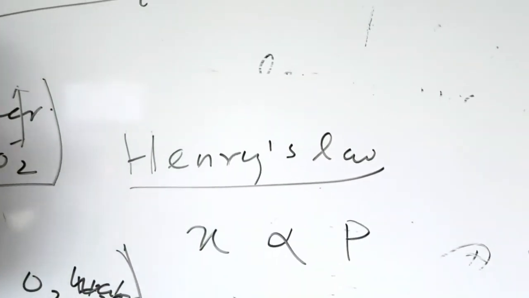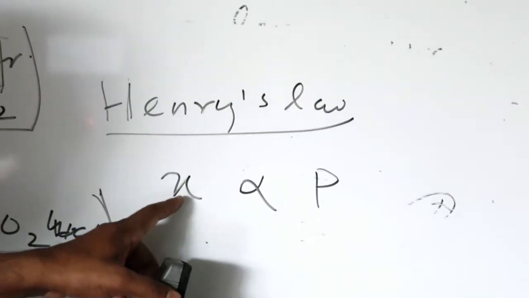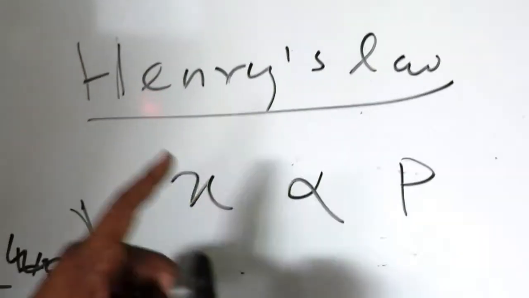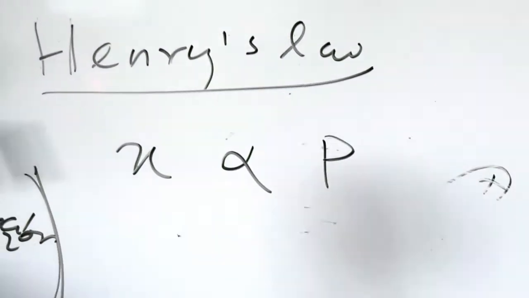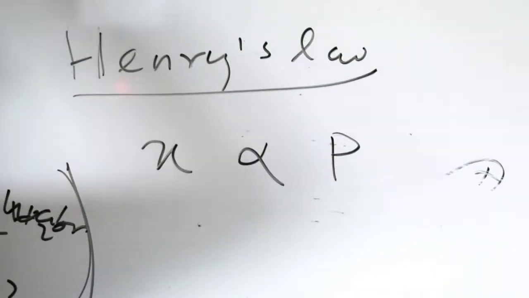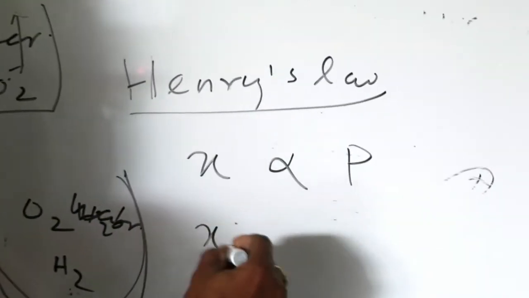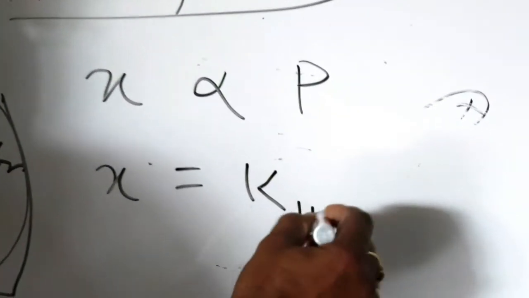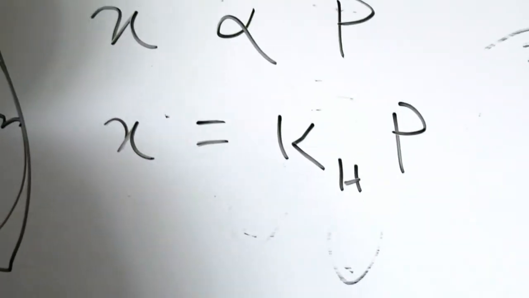Where X is the milligrams of gas dissolved per unit volume of the solution, and P is the pressure. When pressure becomes high, the dissolved gas amount becomes more and more. This can be related by a constant called Henry's constant: X = kH × P.